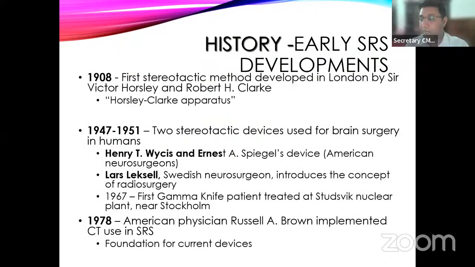Looking into the history, the earlier development of SRS started around 1908. The stereotactic method was developed in London by Professor Victor Horsley and Robert H. Clarke. They designed an apparatus called the Horsley-Clarke apparatus. Actually, it was not used on humans but on animals.